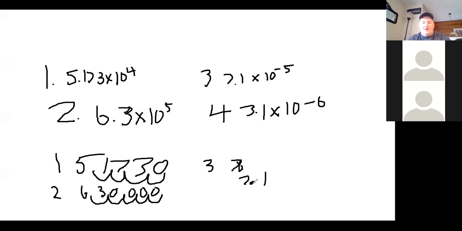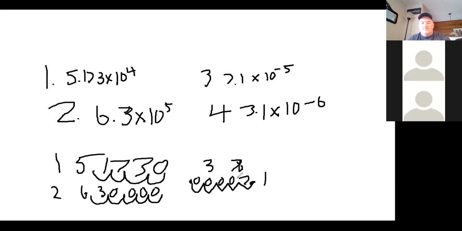So we start here and go 1, 2, 3, 4, 5. We stop right here, right? Now we have to fill in these spots with zeros, don't we? We go 0, 0, 0, 0.